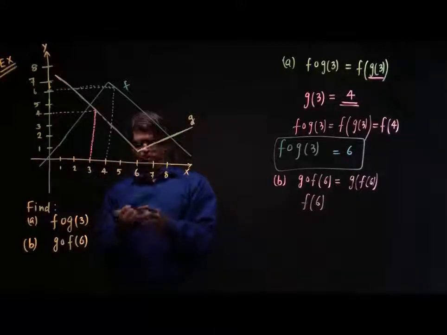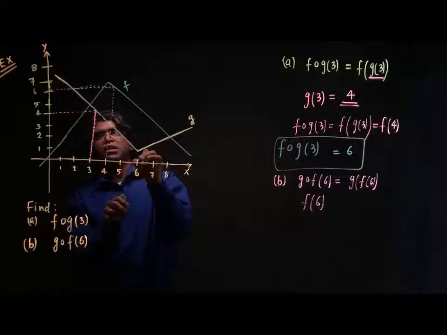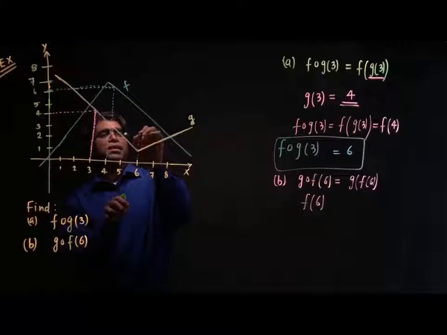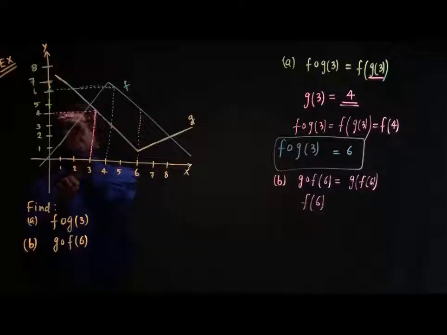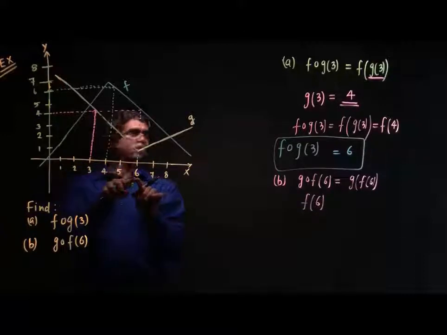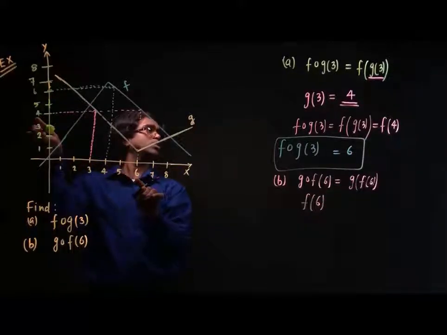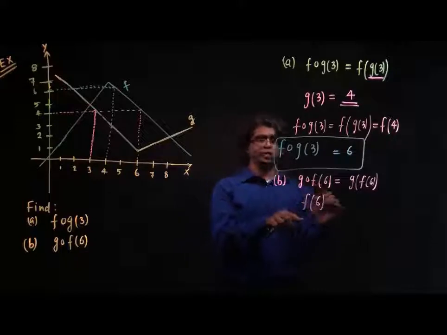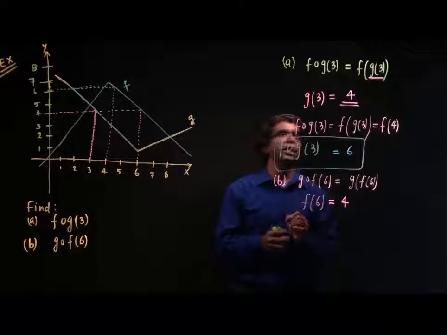If I draw a line that touches f at 6 and match that line with the y-axis, this would be the line. So for x equal to 6, the value of function f(x) is 4. I will write this is equal to 4.